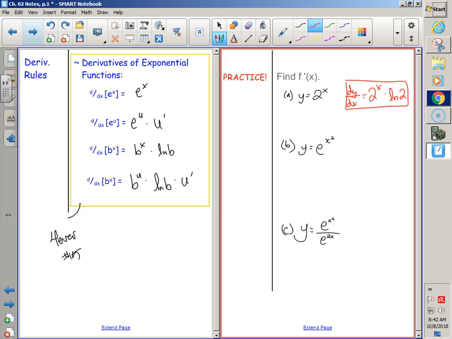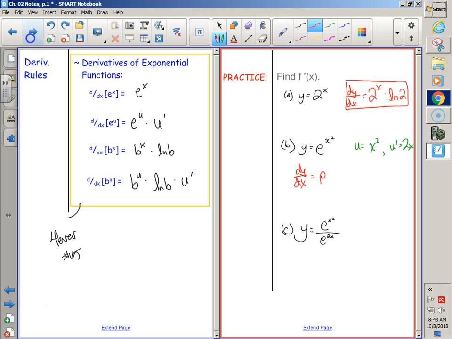Now I went to e's. I know, but I wanted you guys to make sure that you knew what was going on with e's, because the e's are going to get a little bit harder if you guys haven't noticed yet. Because now we have u's in there. But don't worry. Whenever you have a u, just remember u prime. We're not doing integrals. We're doing derivatives. U prime is equal to 2x.